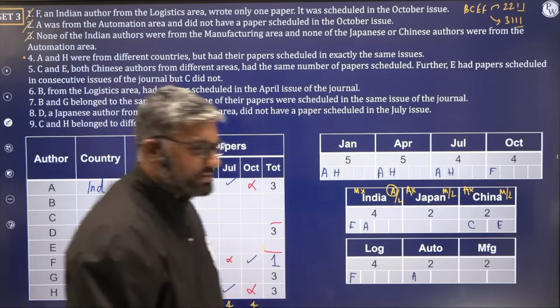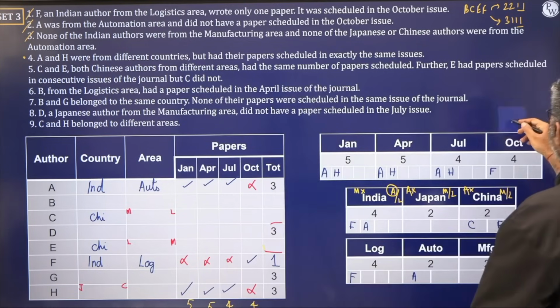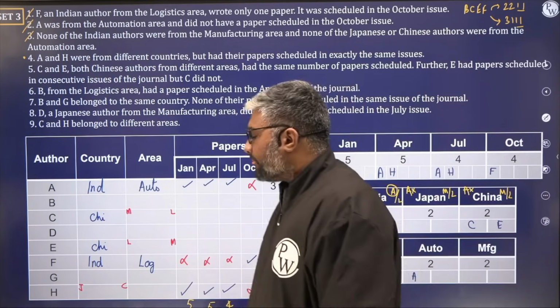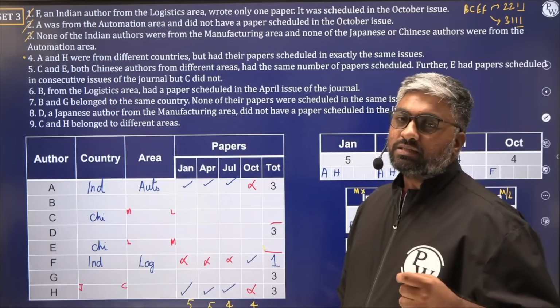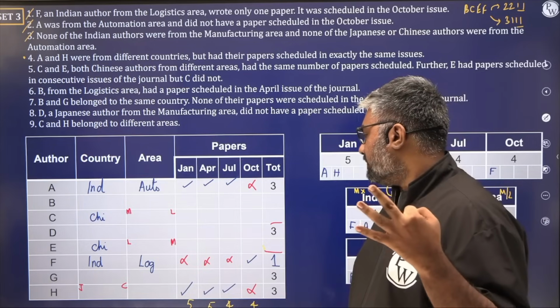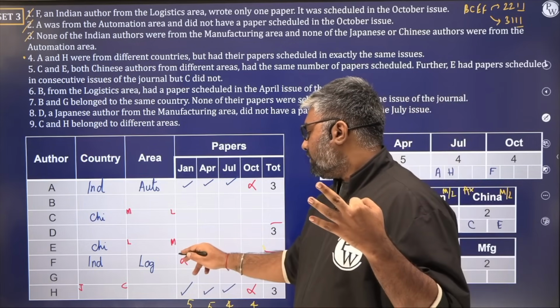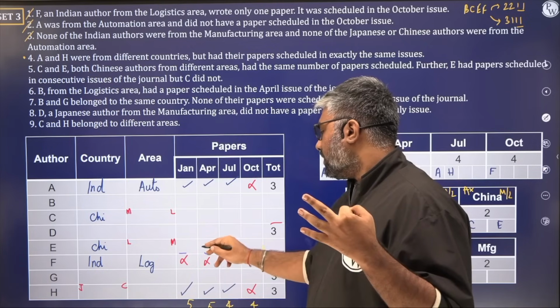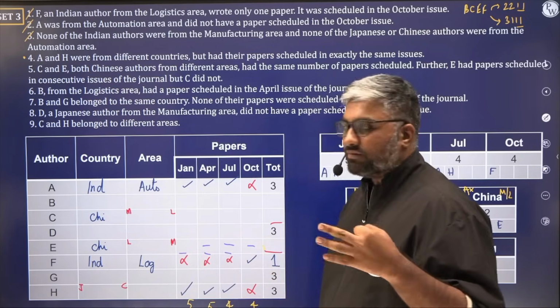Now, what does this mean? Consecutive issues. So with E, if E gives, say, 3 papers, okay? Then what would happen? We would have 1, 2, 3 consecutively like this, or 1, 2, 3 consecutively like this, right?